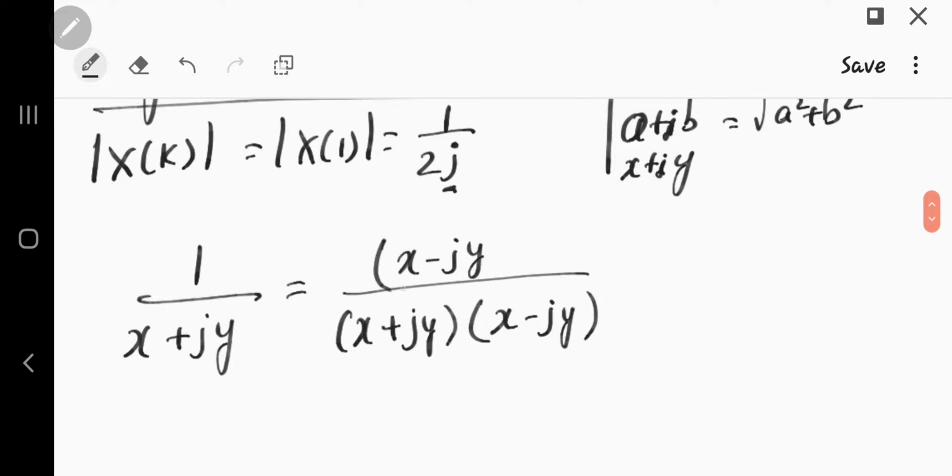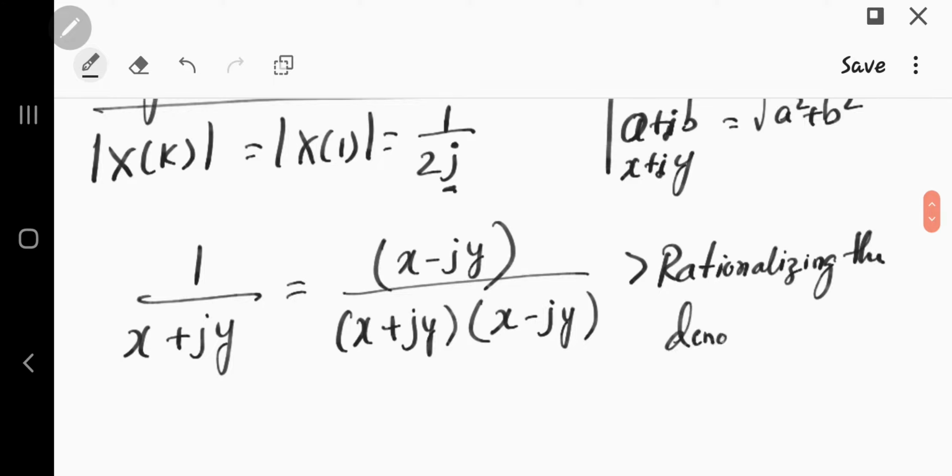This is what you call rationalizing the denominator. I am explaining this in the first problem, and later you will have to deal with these kinds of things frequently. So I am explaining the rationalizing method here, and in the remaining problems I won't elaborate that much, to save time.